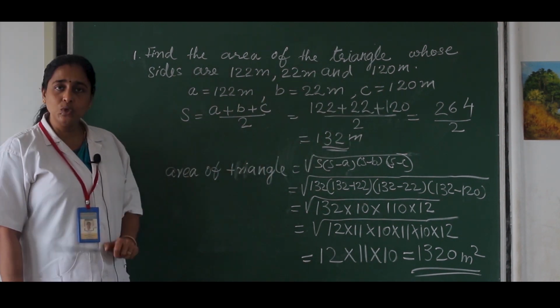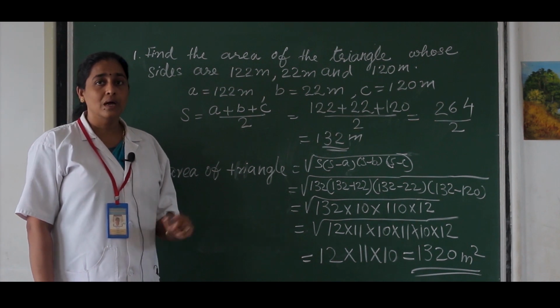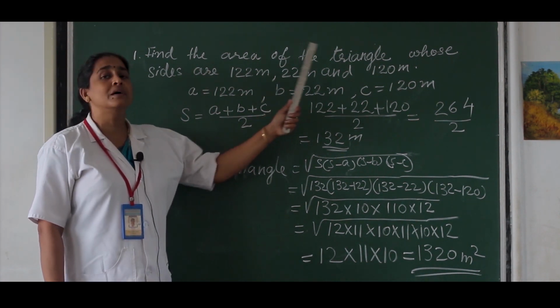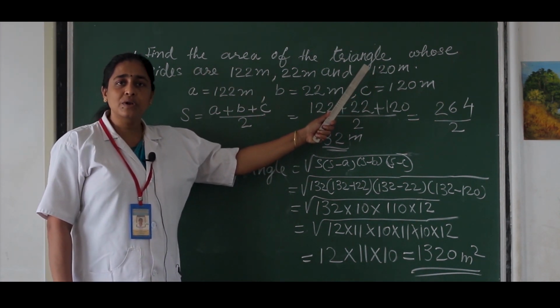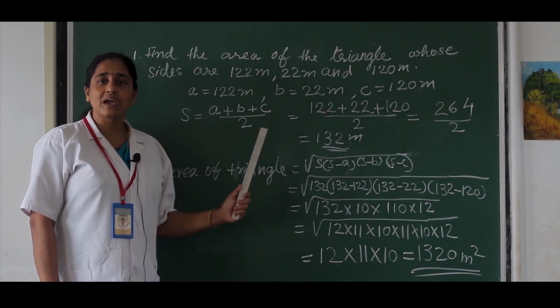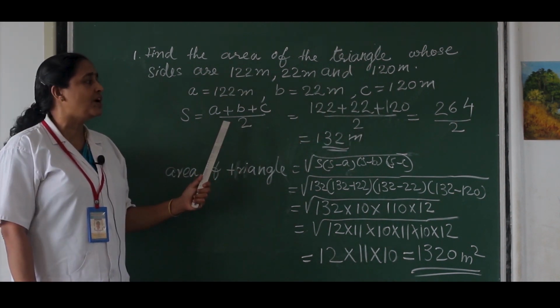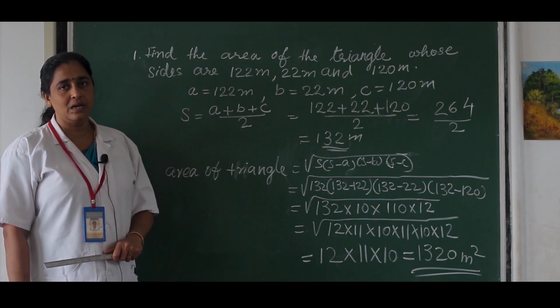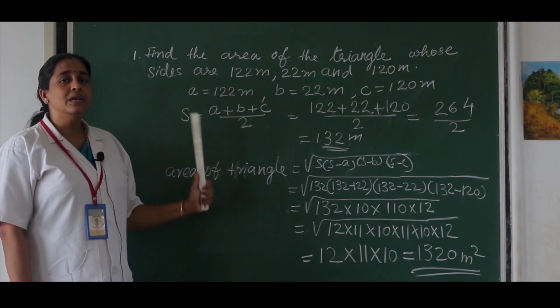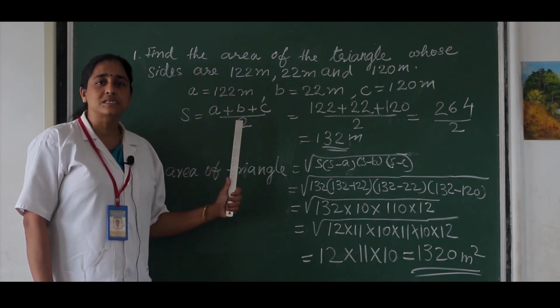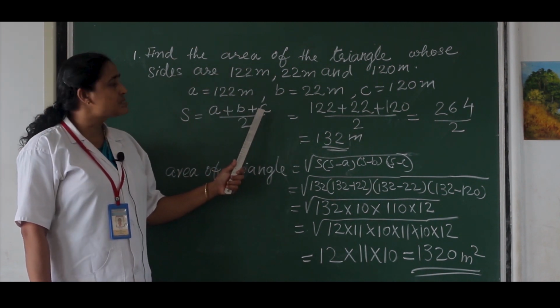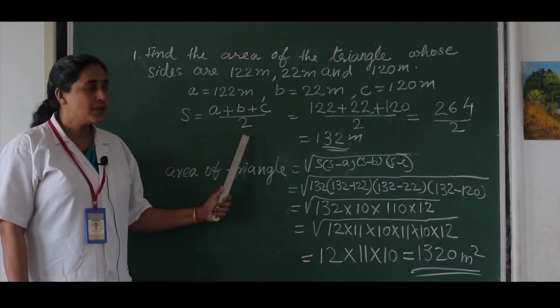For that, we have to use Heron's formula because the 3 sides are different measures. For a scalene triangle, we can use Heron's formula for finding the area of the triangle. For that, we should find s. s means a plus b plus c by 2.